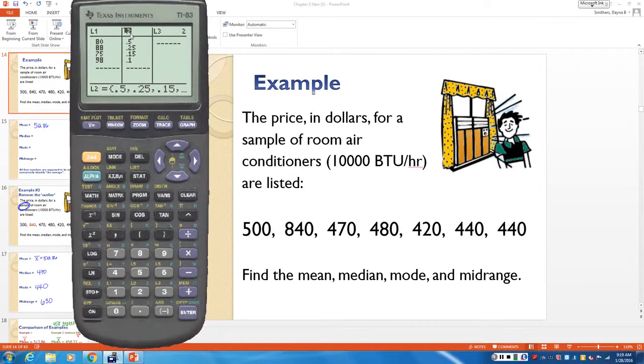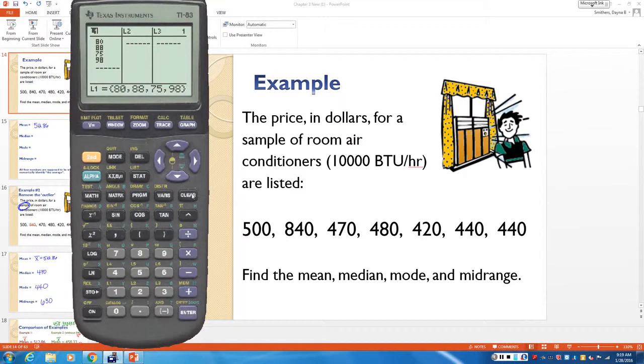Here's the key thing. You will press the button that says clear. Do not delete your list, okay? Press clear and down. And then magically, it's all gone, okay? One more time. In your list, press the up button so that you have the actual L1 highlighted. Press what button?